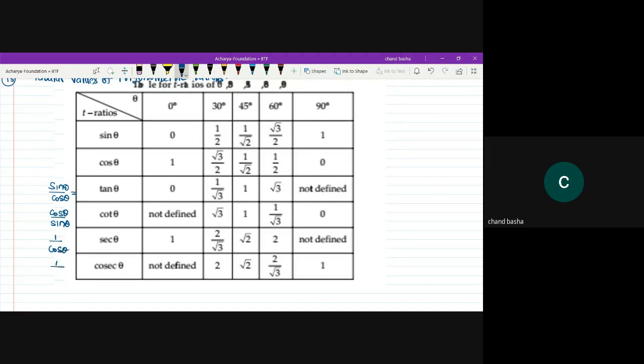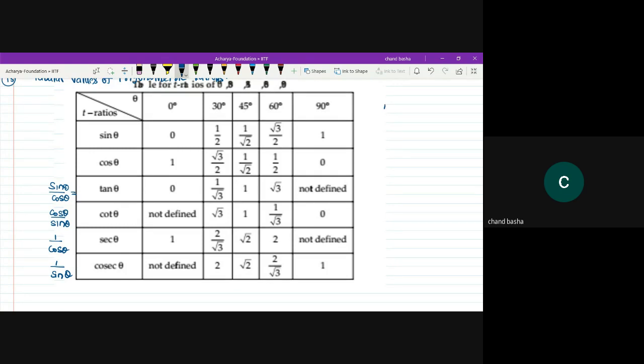Cosecant means 1 divided by sine theta. Clear? These are the tabular values you have to remember. Once you are perfect in sine, it's very easy to write all the trigonometric tabular values. Whenever we have a doubt, first fill in the sine, and then you can complete the rest of the values.